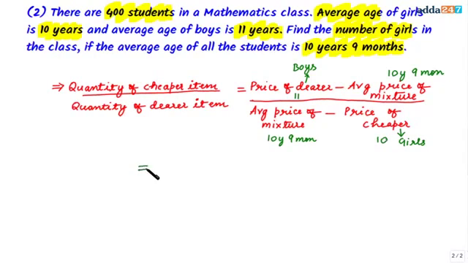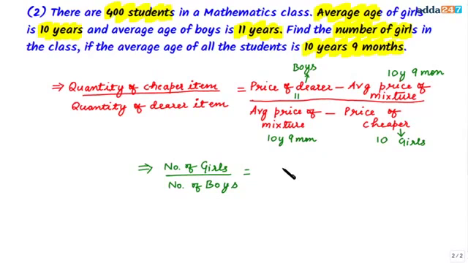So this implies that here this will signify number of girls upon quantity of the dearer item, that will signify number of boys, will be equal to 11 minus 10 years and 9 months.